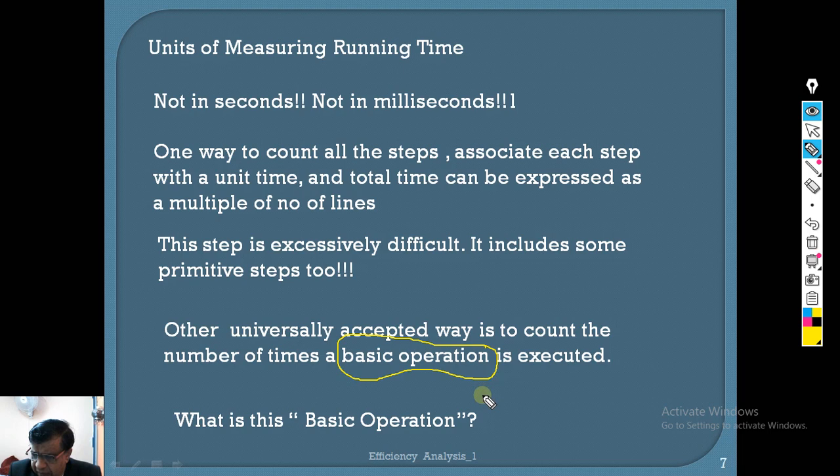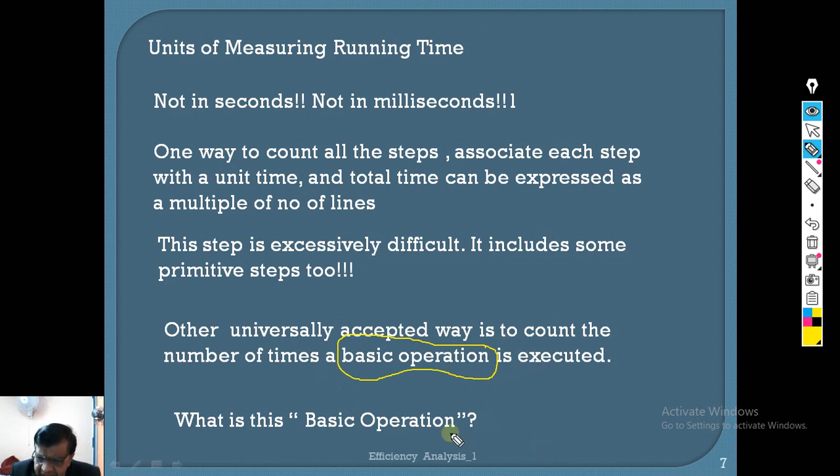What is this basic operation? Basic operation may be a comparison, an arithmetic operation, some relational expression, whatever. And we need to identify it. It is in the hands of the algorithmist to decide what the basic operation is. Without this basic operation, that algorithm doesn't hold water.